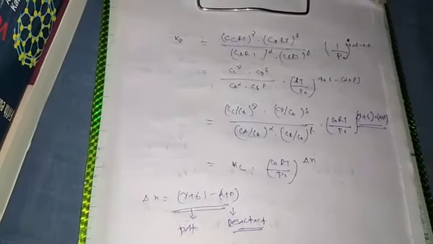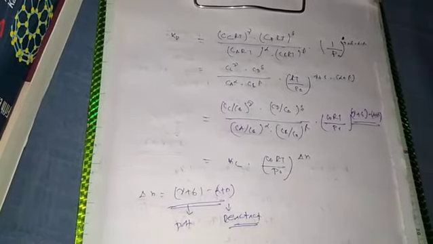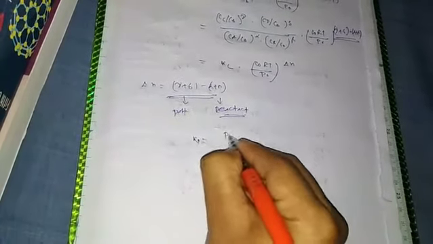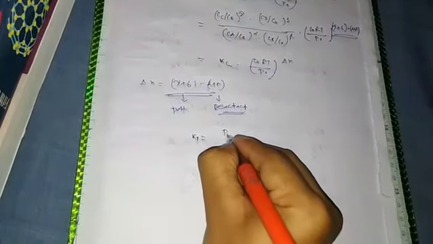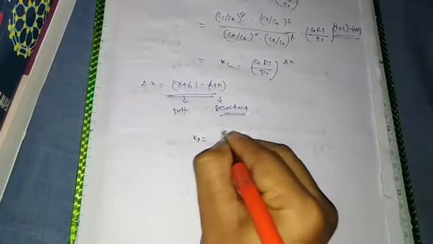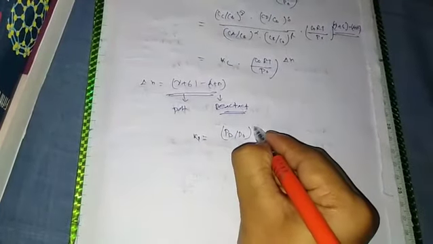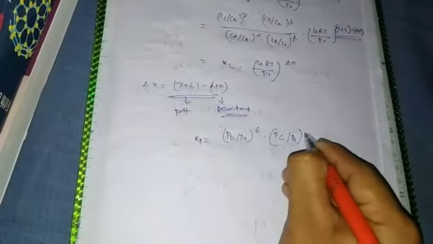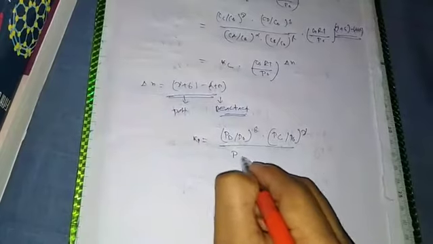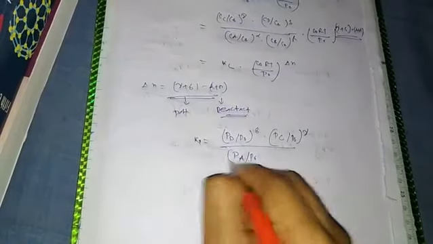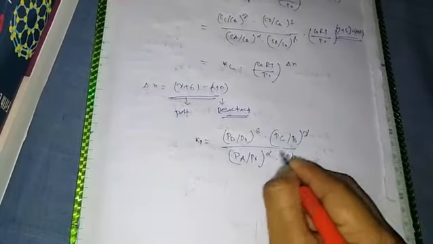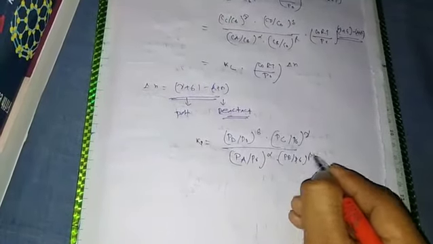now what will be the relation between Kp and Kx? So we know that Kp equals (Pd by P0) whole to the power delta into (Pc by P0) whole to the power gamma divided by (Pa by P0) whole to the power alpha into (Pb by P0) whole to the power beta.